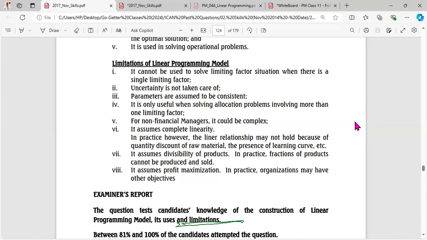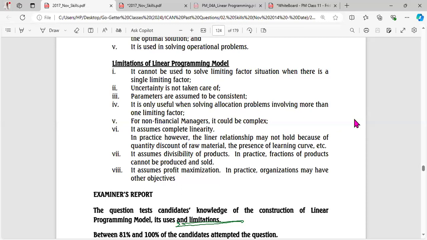And it assumes that maximization of profit is the objective of the organization. But in practice, an organization may have other objectives, such as reduction of costs, provision of services irrespective of whether there's profit or loss.